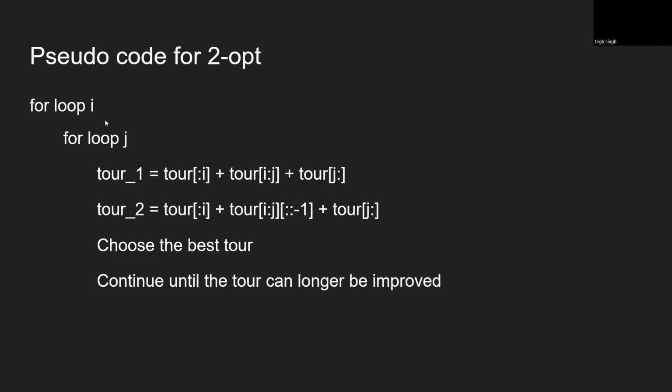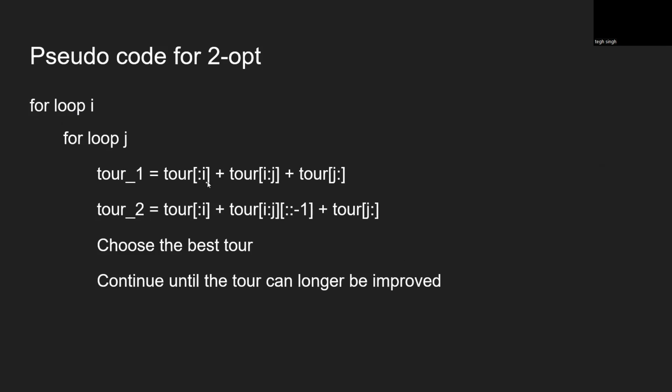So this is the pseudocode for 2-opt. We have a for loop for i, for loop for j. The for loops let us go through all the possible combinations of edges. Obviously, you will need to make sure the edges are disjoint.